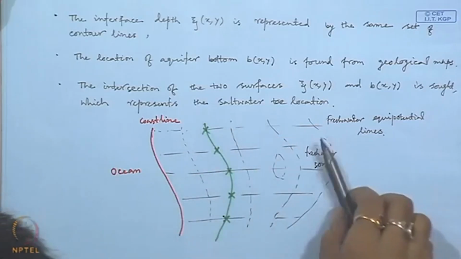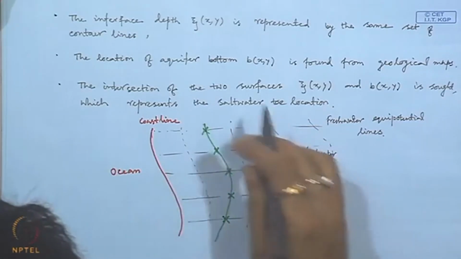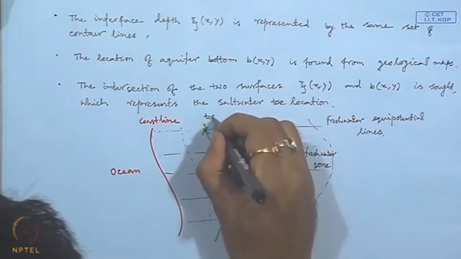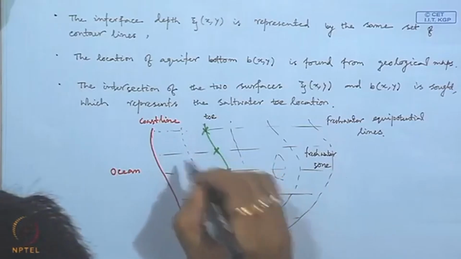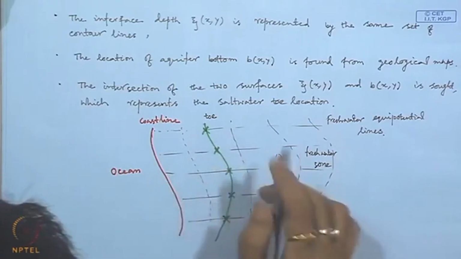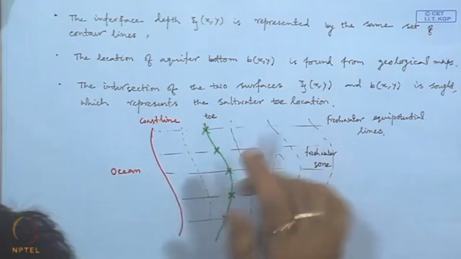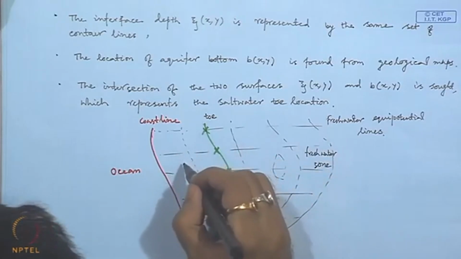So, this is basically the location of the toe. So, for this particular location, salt water has entered into the coastal aquifer.